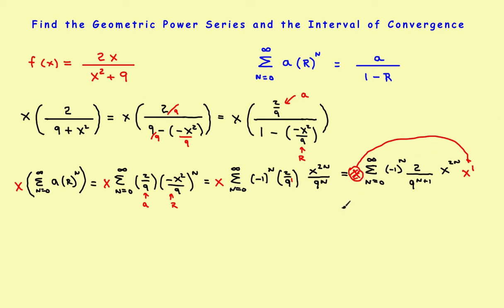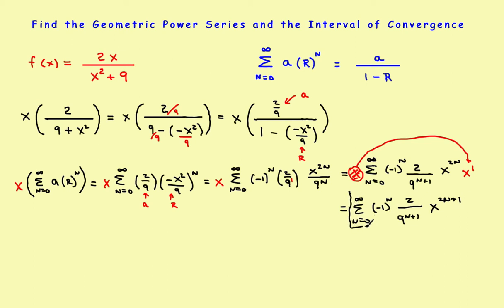And then finally, the last step is, now I can write it as a single summation. So the summation is n goes from 0 to infinity of -1 to the n power, 2 divided by 9 to the n plus 1, and go ahead and add these two exponents together. So x raised to the 2n plus 1, and finally you're done.